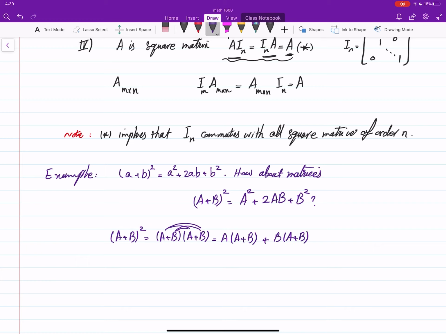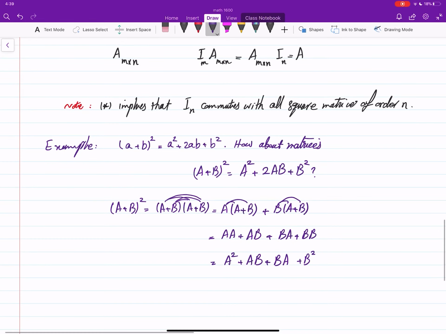This is distributivity from the right, and then you do it another time here, you get A times A plus A times B plus B times A plus B times B. But we know that A times A is the same thing as A squared, and B times B is B squared. Here in the middle we have AB plus BA.